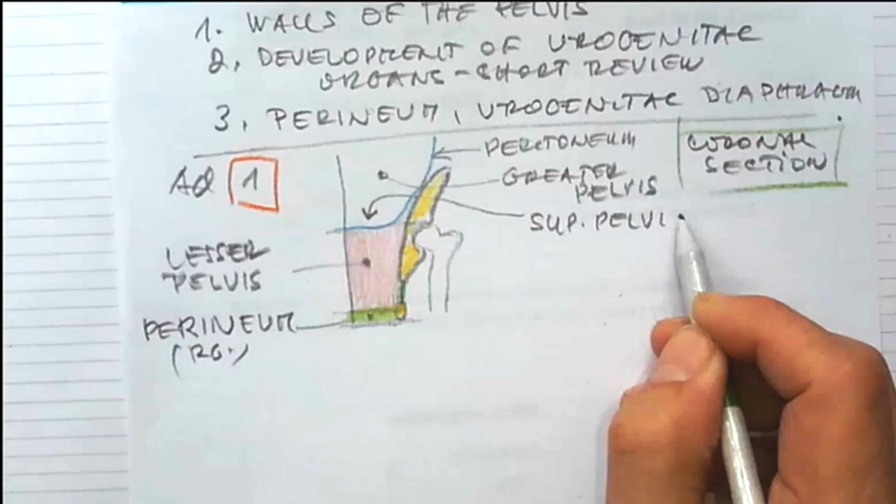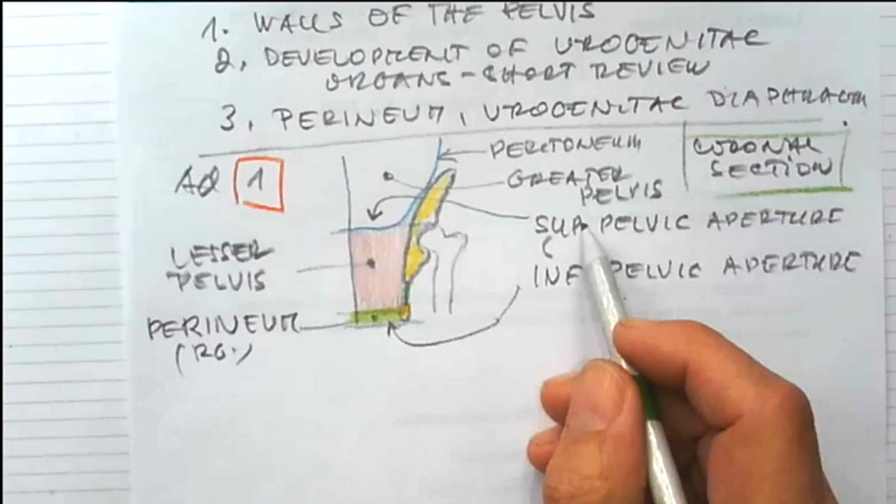We remember that at that time we defined the diameters: transverse diameter, oblique diameter, straight diameter, etc. And then here is the inferior pelvic aperture.